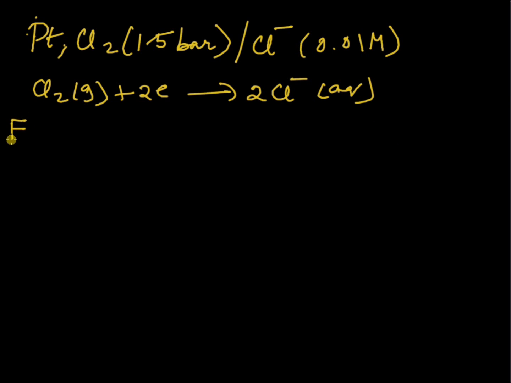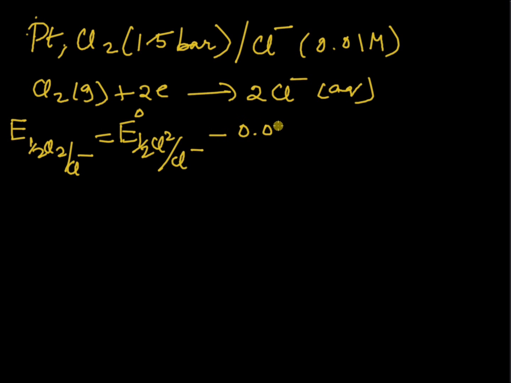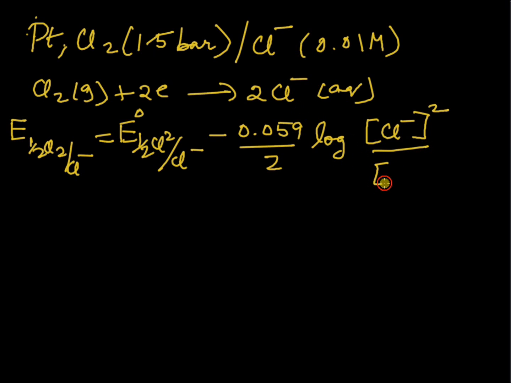To write the Nernst equation, E half Cl2 bar Cl minus is equal to E naught half Cl2 bar Cl minus minus 0.059 by 2 log concentration of the chloride ion to the power 2 by pressure of chlorine gas.